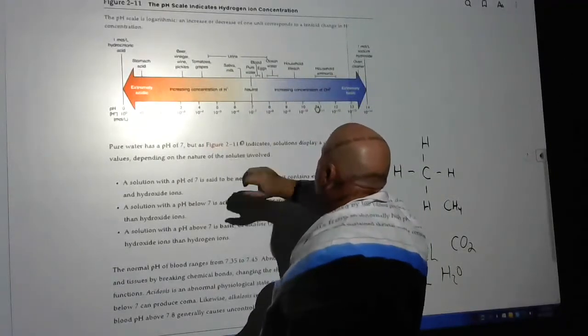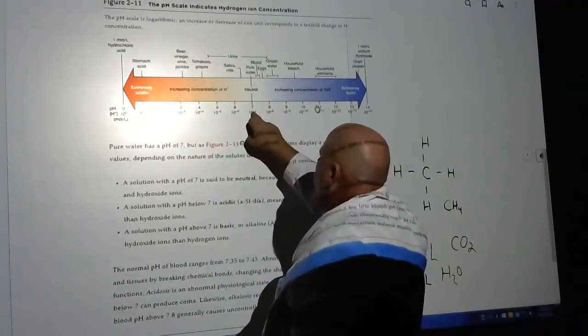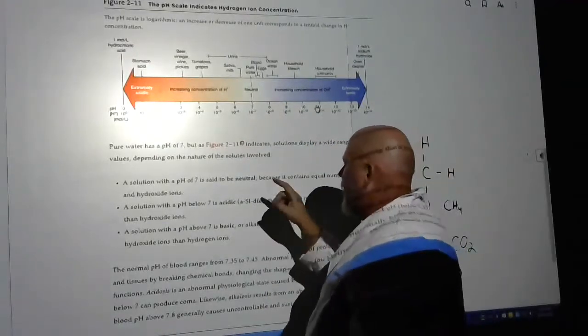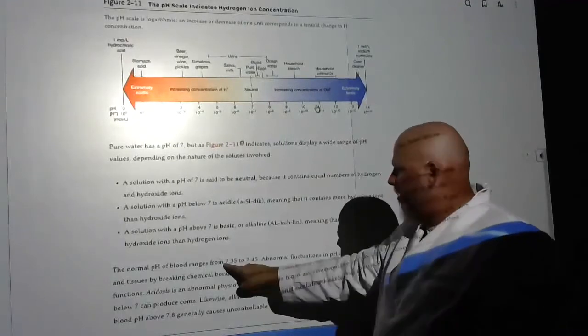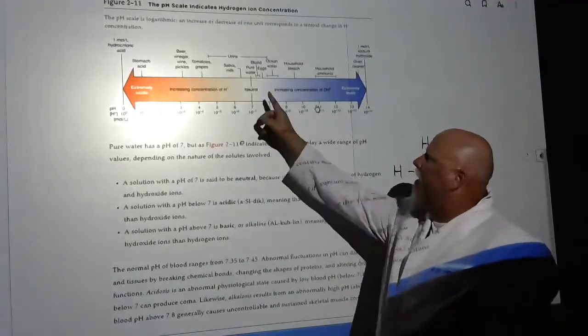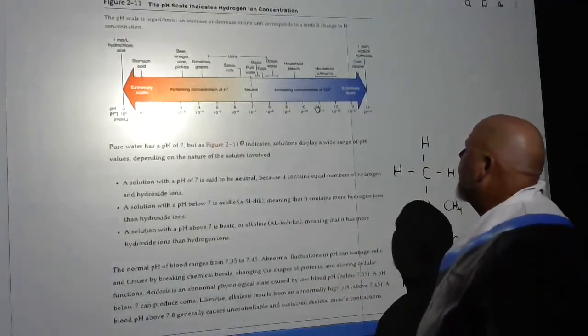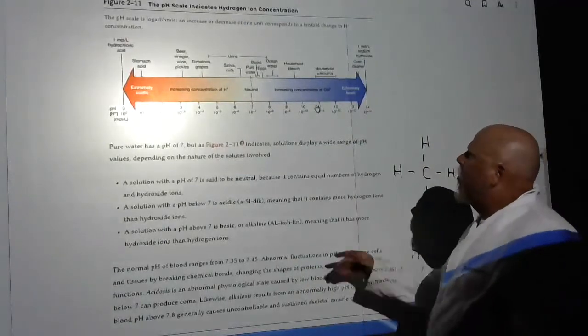Saliva is slightly acidic. This is neutral. 7.35 to 7.45 is our blood. That's an important number. You should know that. And anything to the right of that is very basic or alkaline.